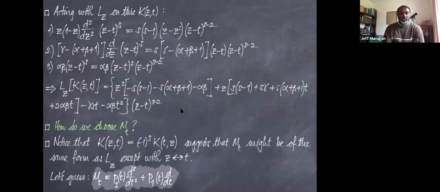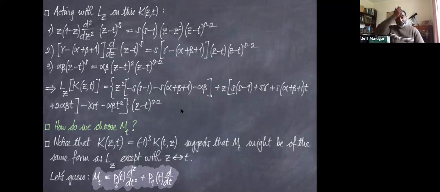And my strategy is going to be to apply this operator to the kernel. And remember, by definition, I want that Lz acting on the kernel must be the same as this guy, Mt acting on the kernel. So this is going to give me a set of algebraic equations for the coefficients p1 and p2, which I'm going to use to solve for p1 and p2 in terms of the original parameters, alpha, beta, and gamma.